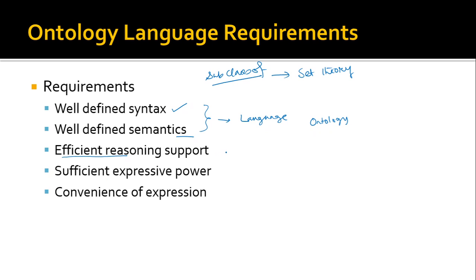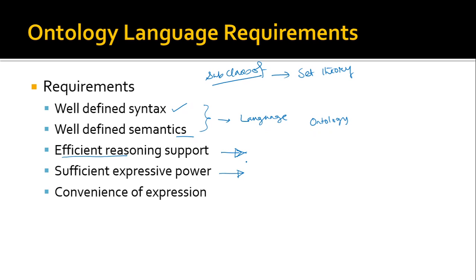For example, efficient reasoning support and sufficient expressive power have mutually opposite effects. If your language has more expressive power, that will mean your reasoning algorithm might not be that efficient, right?